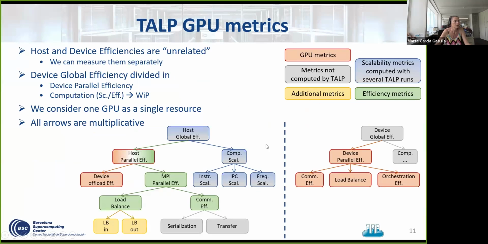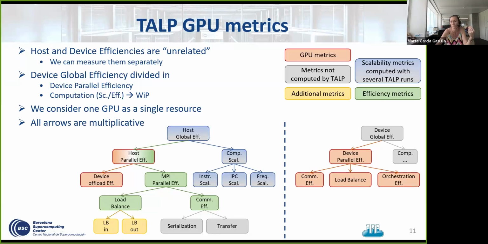So to summarize, we have the host and device efficiency that are unrelated, in different trees now. We measure them separately, but as you will see now, we interpret them together. So when we see the metrics, it's important to interpret them together. The device global efficiency is divided into the device parallel efficiency and the computation efficiency, that is still work in progress. We consider one GPU as a single resource. So when we talk about the device efficiency, one GPU is one resource.